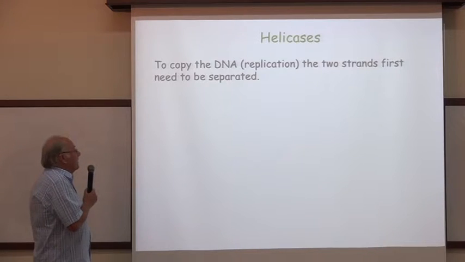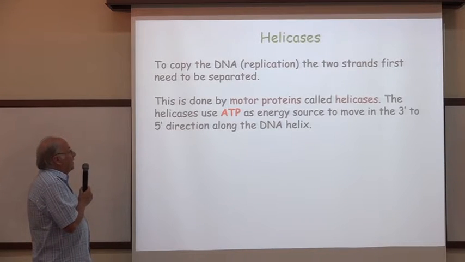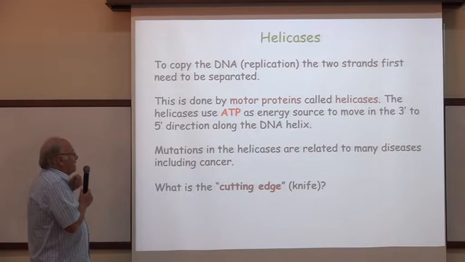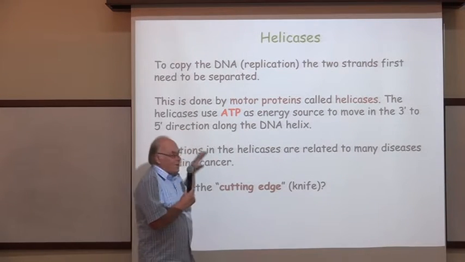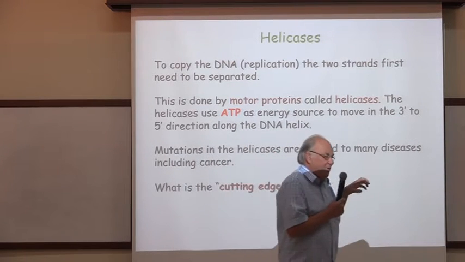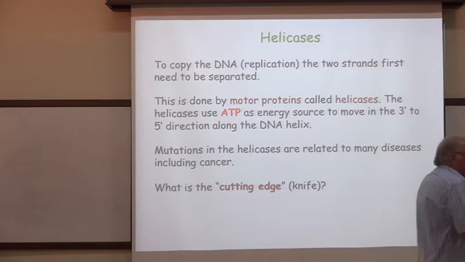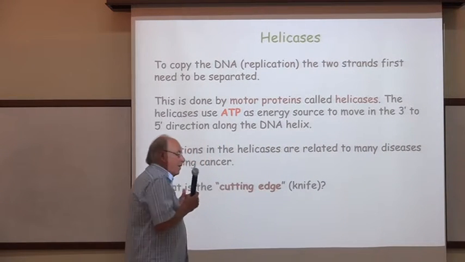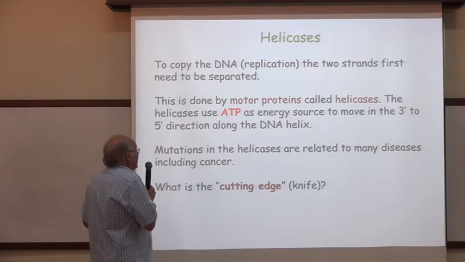So the helicases then. To copy the DNA, in replication, the two strands first need to be separated, and this is done by motor proteins, because certain proteins are motors. They need energy to be moving along; breaking up the hydrogen bonds between the base pairs requires energy.